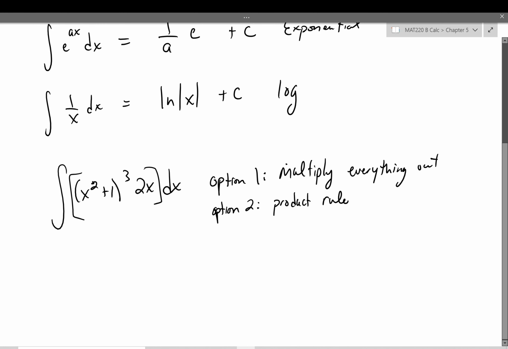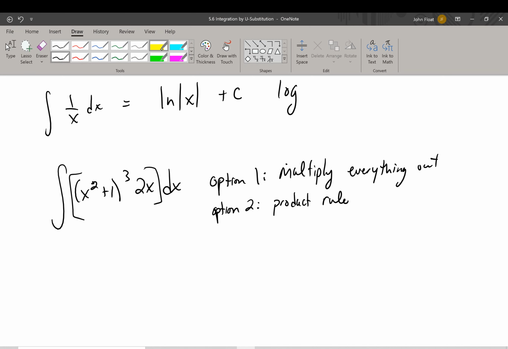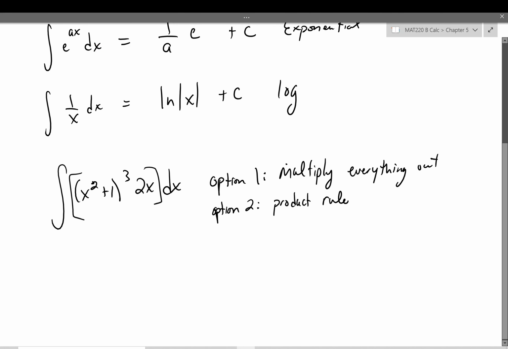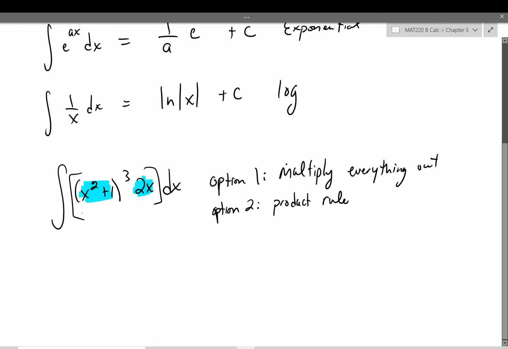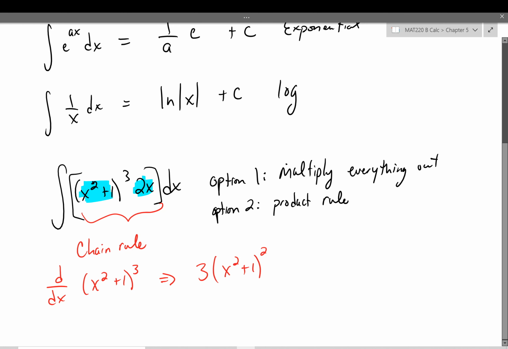Even more importantly, notice that if you were to take the chain rule, in other words, if you wanted to differentiate x squared plus 1 cubed, you would get 3 times x squared plus 1 all raised to the second power times the derivative of the inside, which would be 2x.